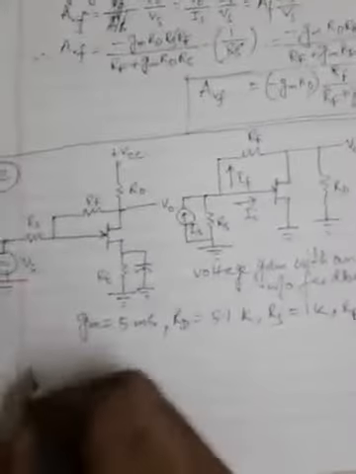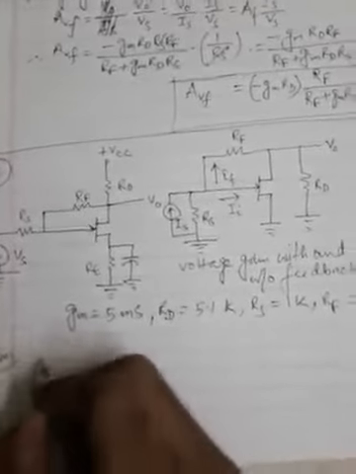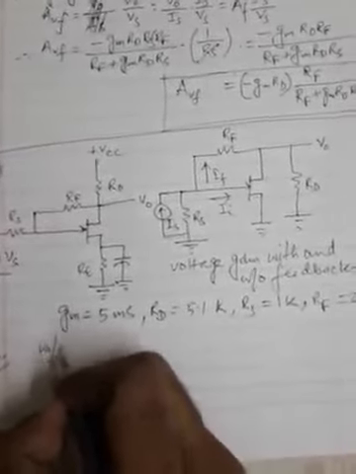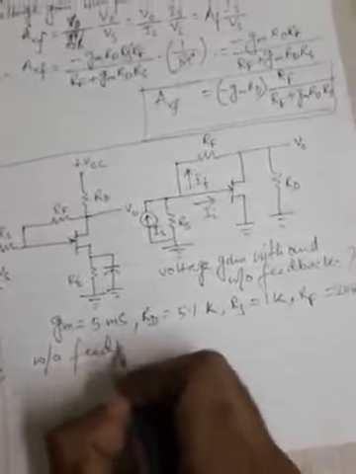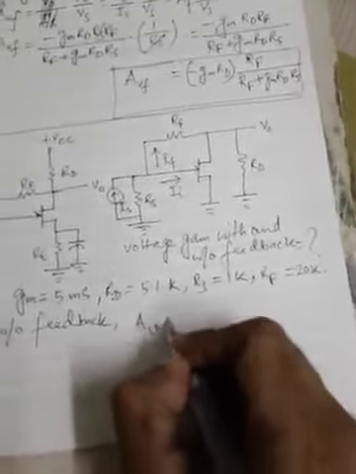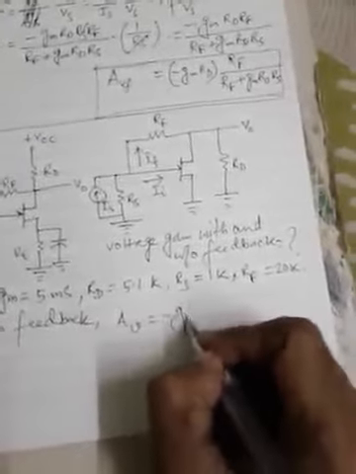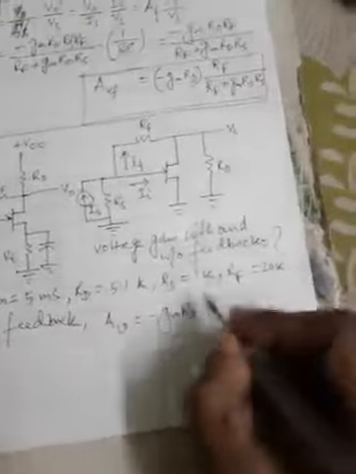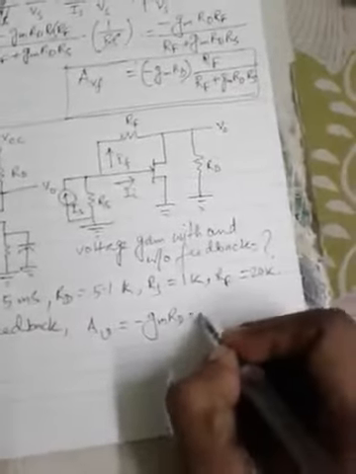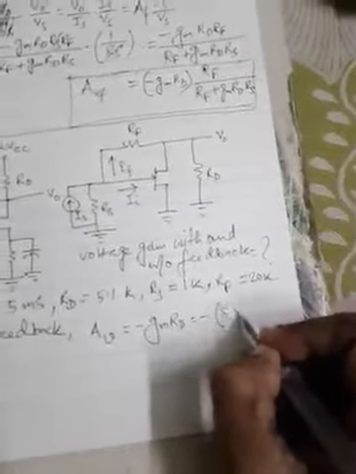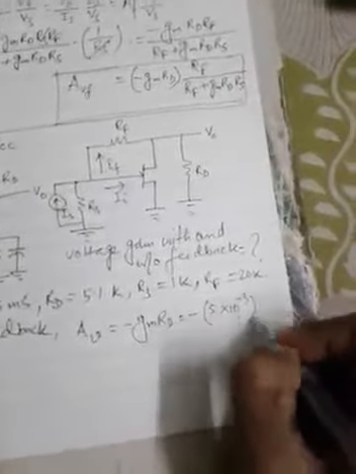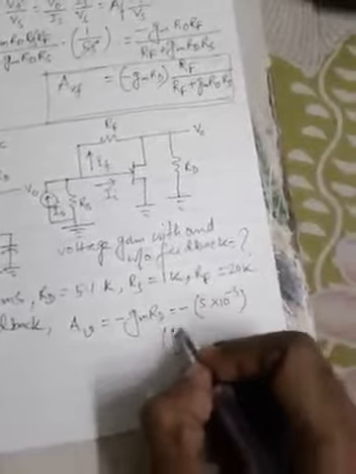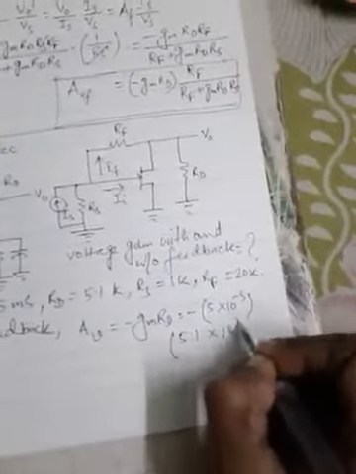Now without feedback, let's move into the solution quickly. Without feedback, our expression for voltage gain was AV, which is equal to minus gm RD. This is the formula. Now put the values, minus 5 millisiemens and RD is 5.1 into 10 cube.